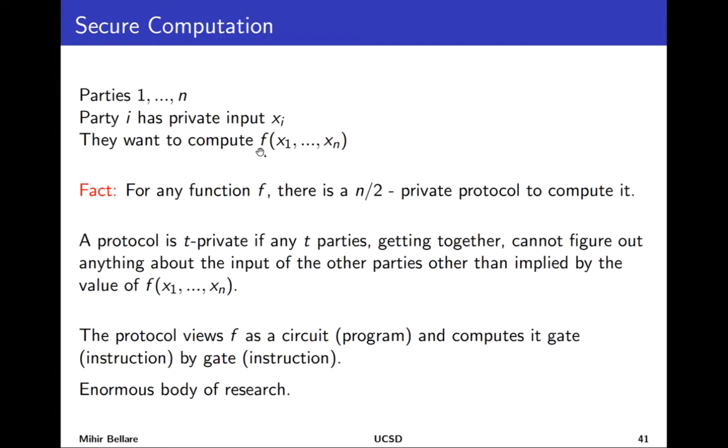Now, one may ask, well, how on earth does one do that? It's not at all as simple as the sum. And what the solution is that you actually start with a program for f. You write code, Python code or C code or whatever, and then you think of that as a circuit, so as a bunch of gates. And then you have a kind of encrypted gate-by-gate computation of the circuit.